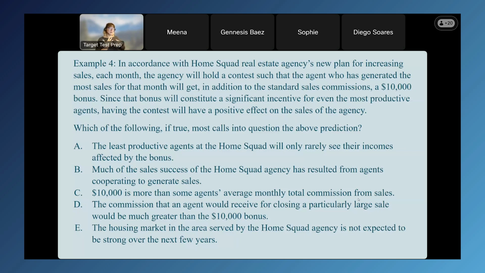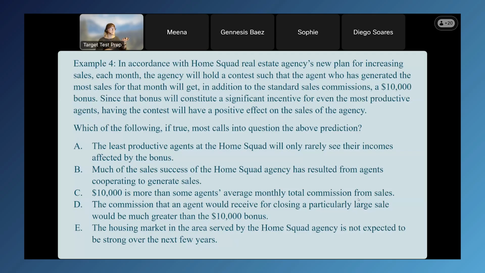So now you might be reticent to cooperate in that way that was getting you all this business, because only one person gets the bonus. You're not going to share your tips with other people so that they can get the bonus. In that way, the plan might have an unintended consequence of making people less collaborative and more competitive.